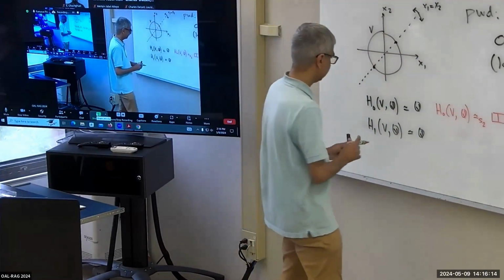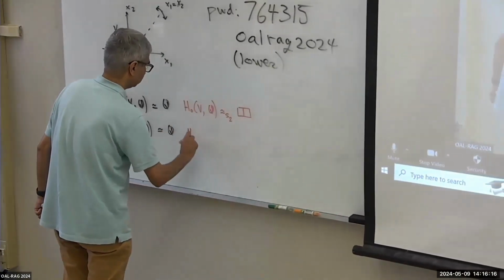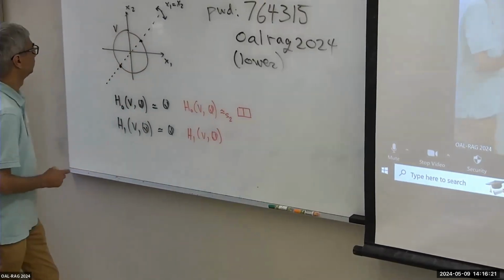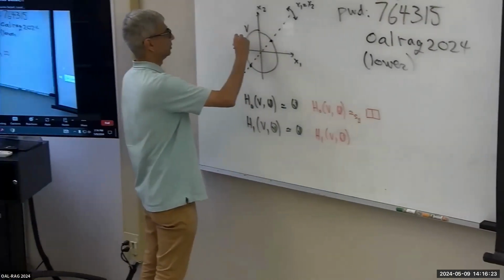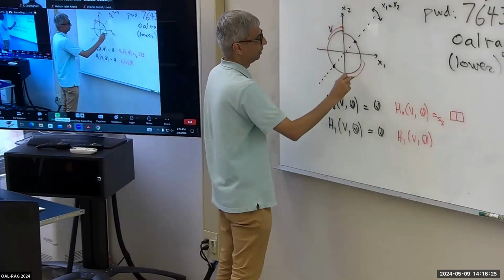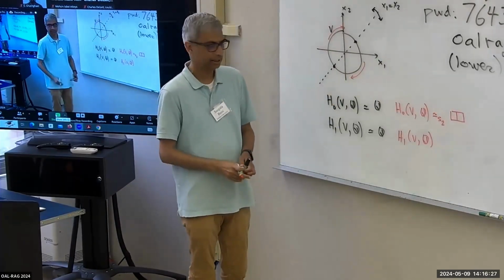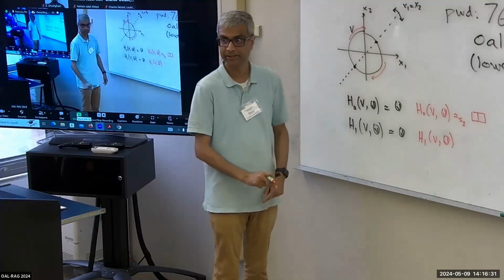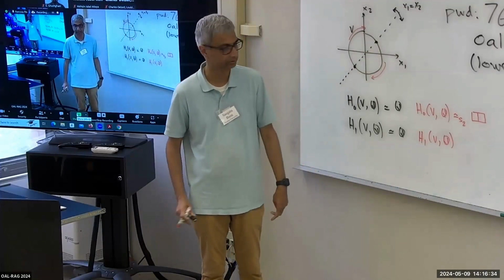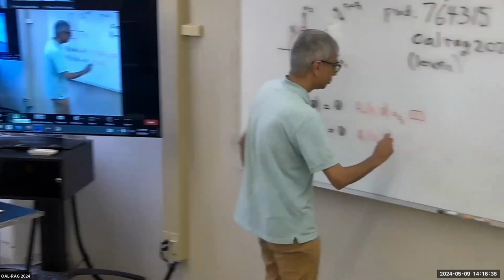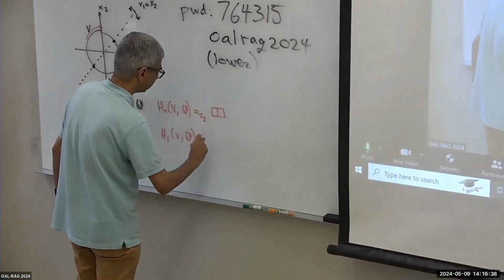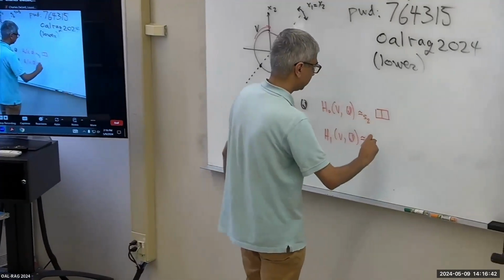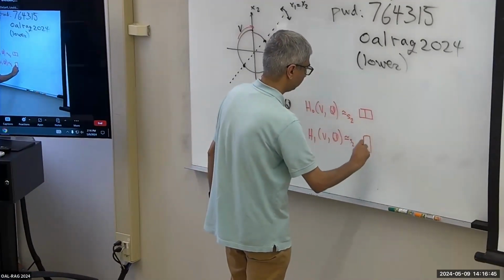But if you take the other one, think of this as an oriented cycle. If you flip it around, you see that the orientation changes, so it changes sign. As an S2 module, this is what's called the sign representation. And the sign representation corresponds to the transpose of this partition, namely partition 1, 1.